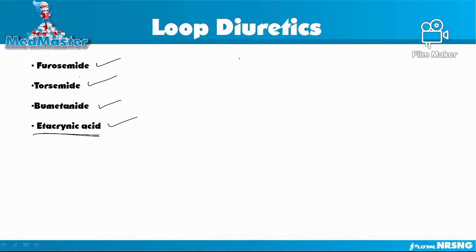So if they really need a huge amount of diuresis, they prefer to use bumetanide compared to furosemide. That's a nice thing to remember if you're working on the floor and wondering why they're using bumetanide instead of furosemide. It's because they need a high amount of diuresis.